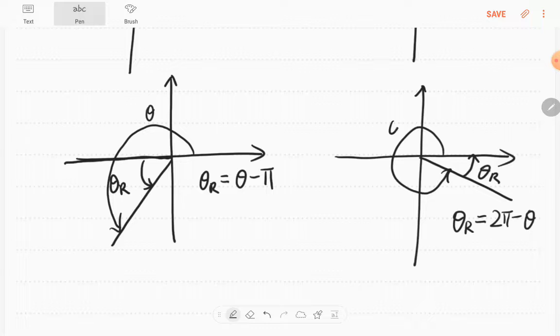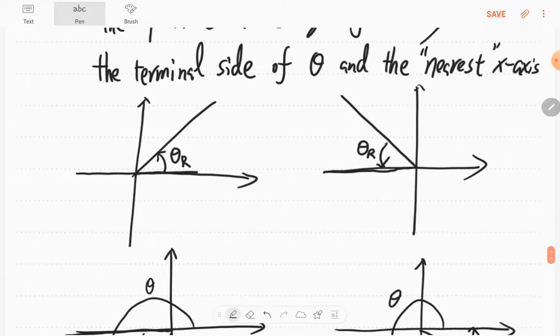If this is our theta, here the reference angle is what? This is pi, so pi minus theta. Okay, so this theta is actually the coterminal angle, which lies between 0 and 2 pi.